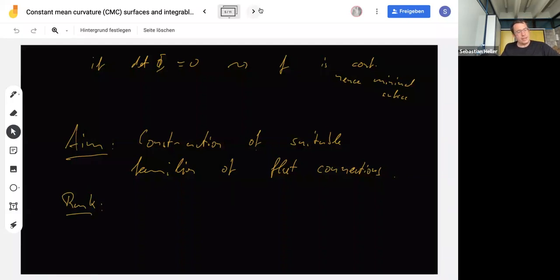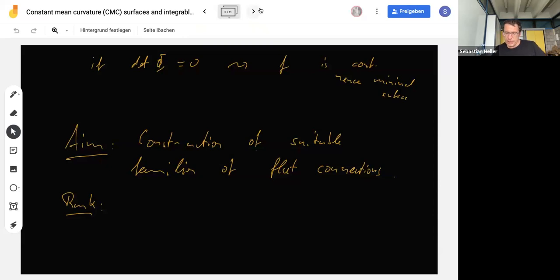In case of a sphere, a compact Riemann surface of genus 0, we already know that the only minimal or CMC spheres, due to the vanishing of the Hopf differential, must be totally umbilic, so it must be round spheres.